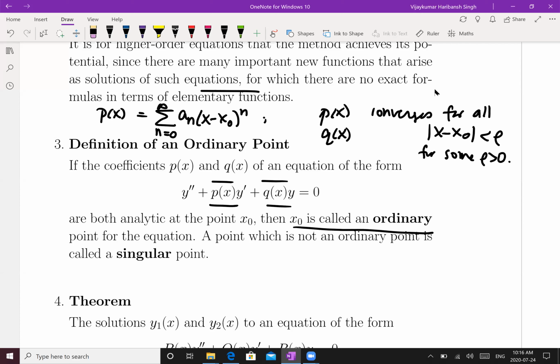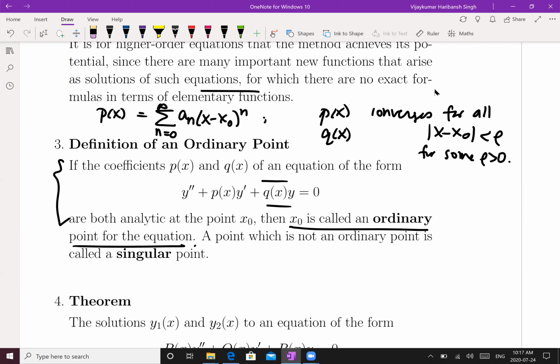Then we call such a point an ordinary point for the equation. Otherwise, such a point will be called a singular point. So an ordinary point is defined for the differential equation.